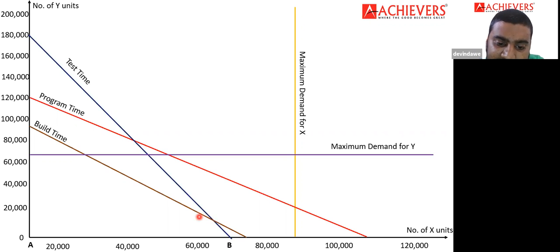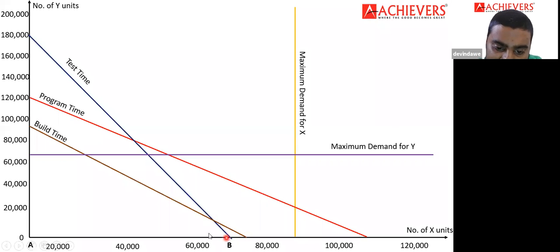Now, what does this corner mean? This corner means I have reached the maximum level of build time. Build time goes from the y-axis to the x-axis along this line.